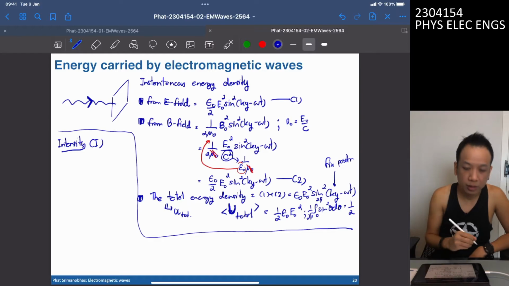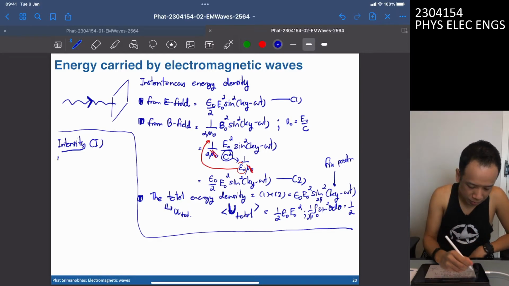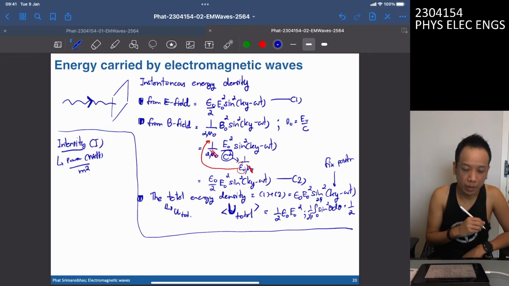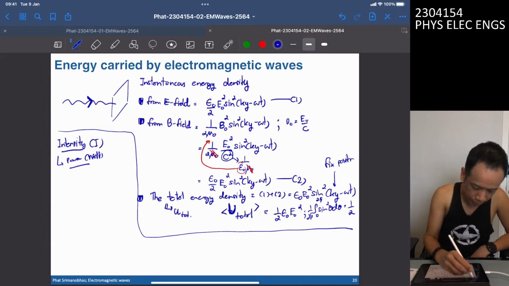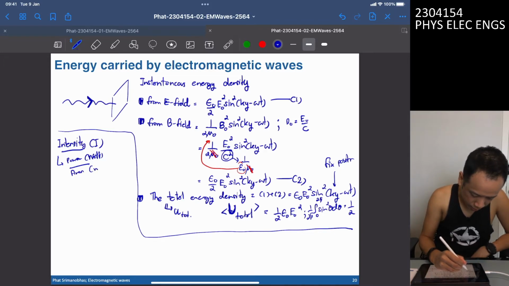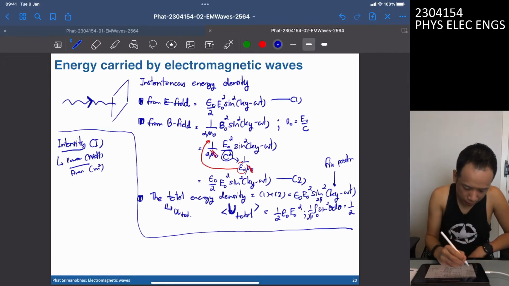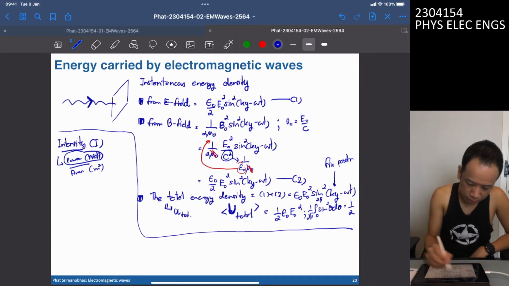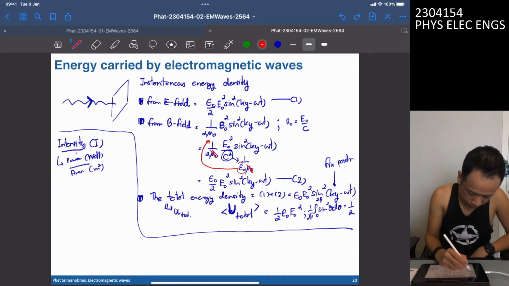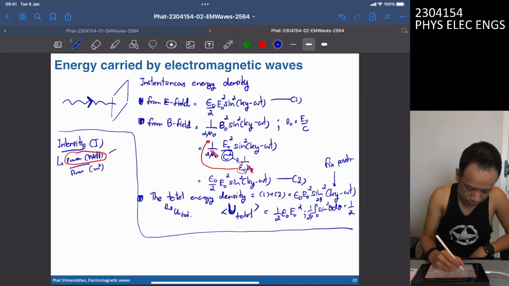The intensity I is measured as a power per unit area, so it's watts over square meters, and the area is in meters squared. And the power is the energy per second, right? So it's joules per second.